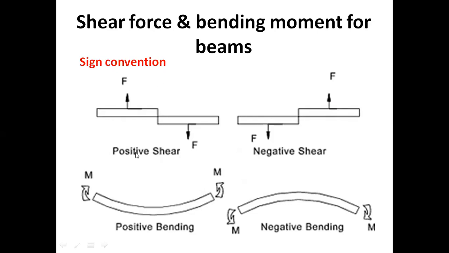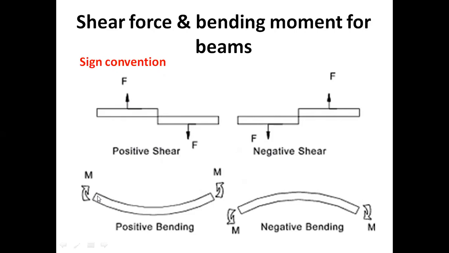So here, if I take a section, the left hand side of the beam is moving in the upward direction, whereas the right hand side is moving in the downward direction: positive. If the left hand side is moving downward, whereas the right hand side is moving upward: negative.